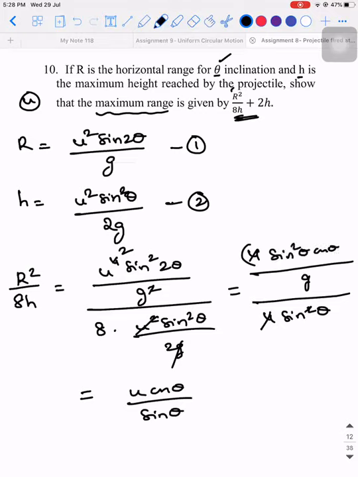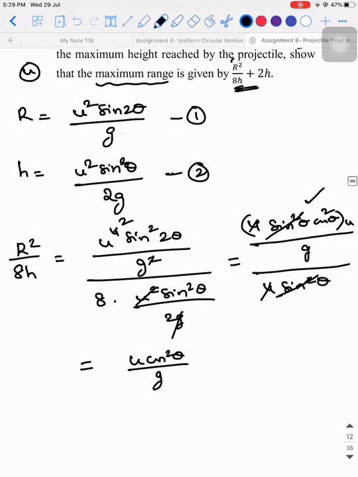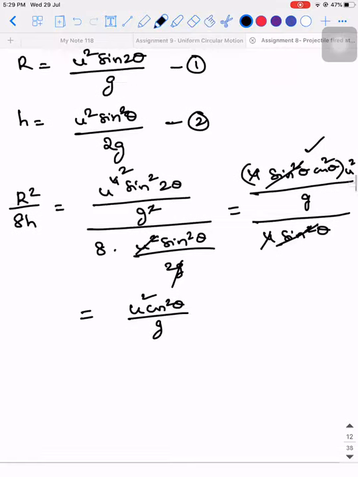Are you people clear with this step? I wrote the formula sine 2 theta as 2 sine theta cos theta and squared it. So it became 4 sine square theta into cos square theta. So sine square theta and sine square theta are gone. So here you have a cos square theta. What is left out? u square cos square theta divided by g.